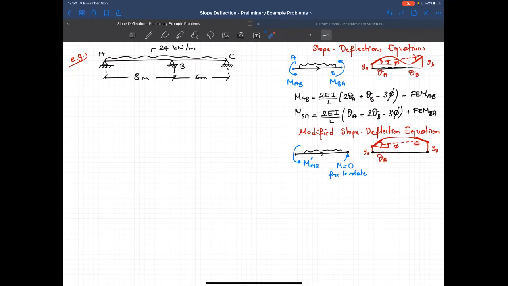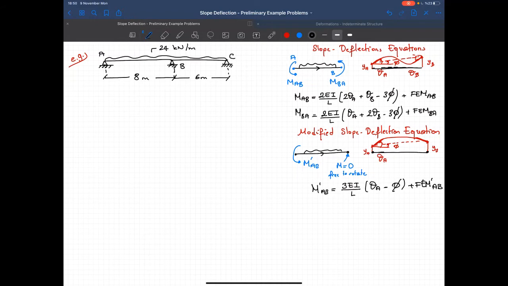I didn't use the rotation at point B. And that relationship, the modified slope deflection equation, is MAB equal to 3EI over L times theta A minus phi plus the modified fixed end moment AB.